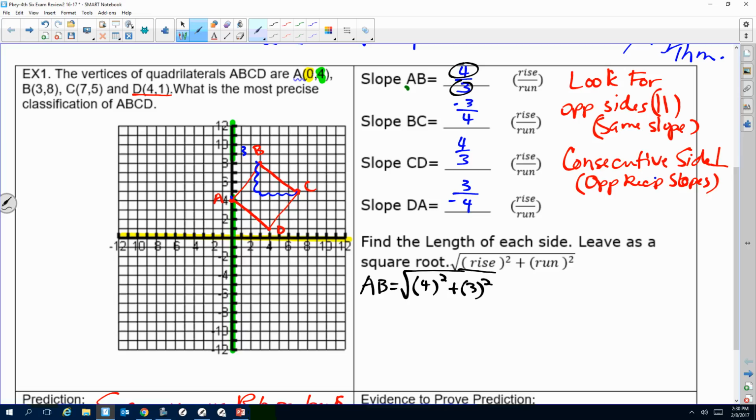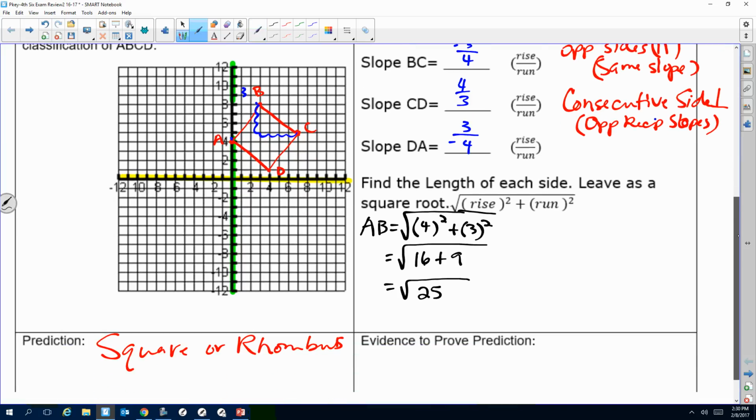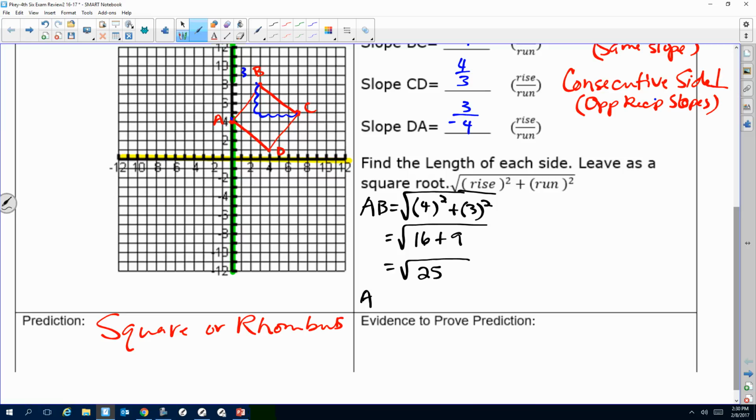Then we work them out, order of operations, PEMDAS, exponents first. So underneath our radical, a 16 plus a 9. We have 25, and the square root of 25 is 5. So AB is 5. I'm going to label that on my graph: the length from A to B is 5.